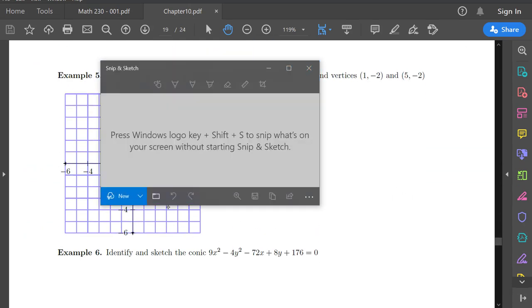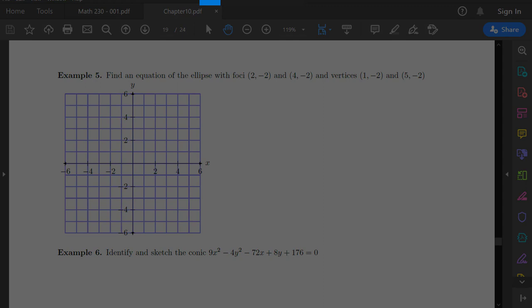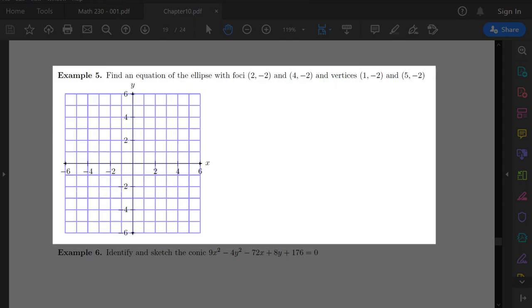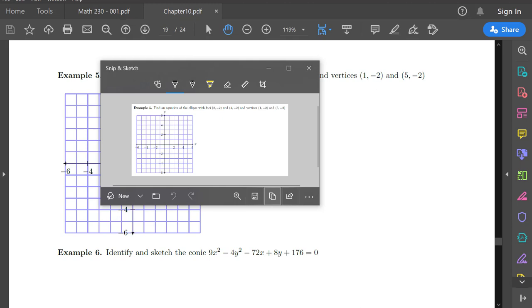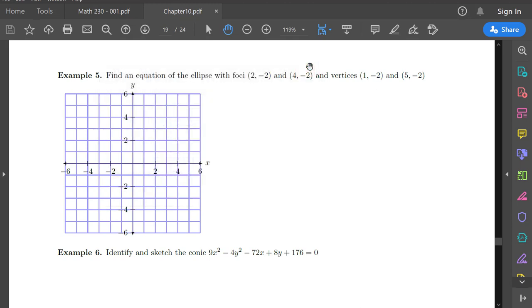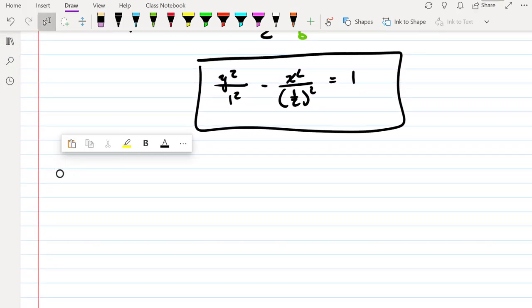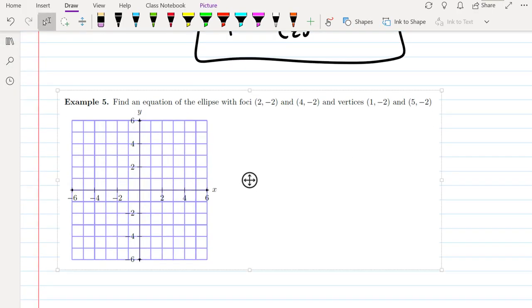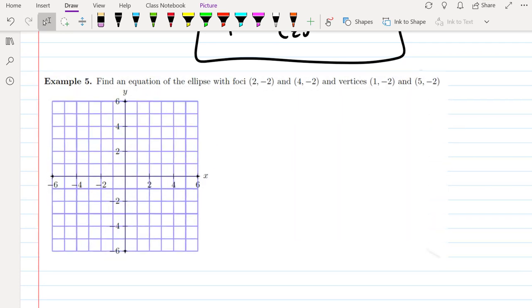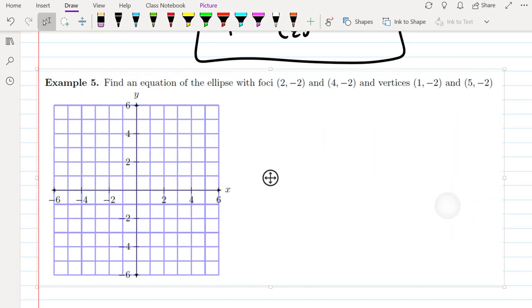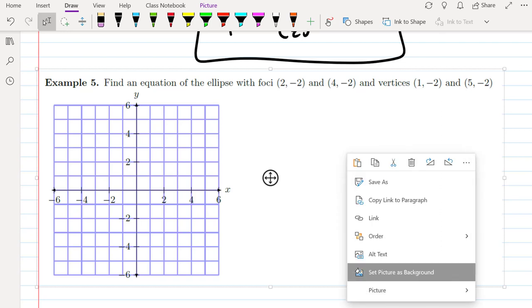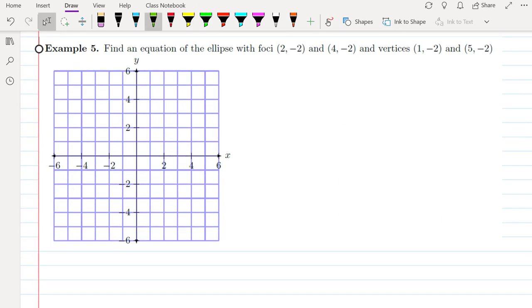Alright, let's take a look at our next example. Number 5 says, find the equation of the ellipse with foci 2, negative 2, and 4, negative 2, and vertices 1, negative 2, and 5, negative 2, respectively. So let's use the graph that was provided to do a little bit of a sketch to help us out.